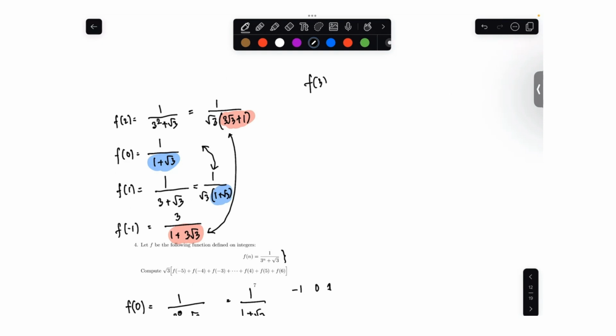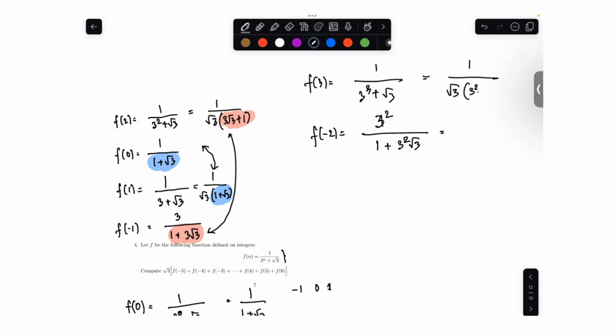F of 3 is 1 by 3 cube plus root 3, and f of minus 2 is 1 by 3 to the power minus 2, so 1 by 3 square here plus 3 square root 3, which is yes. So of course this is true.